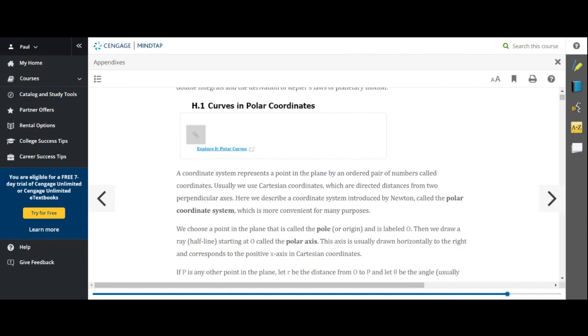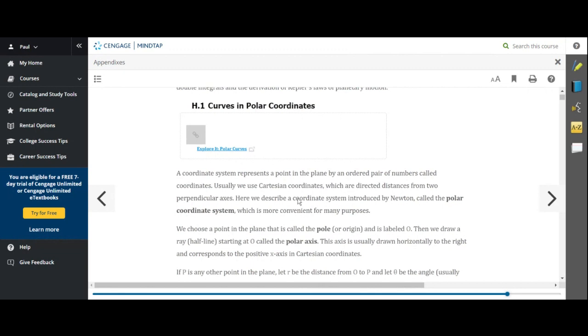Okay, all right. So a coordinate system represents a point in the plane by an ordered pair of numbers called coordinates. And we use Cartesian coordinates, and I'm just reading from the introduction, which are directed distances from two perpendicular axes.